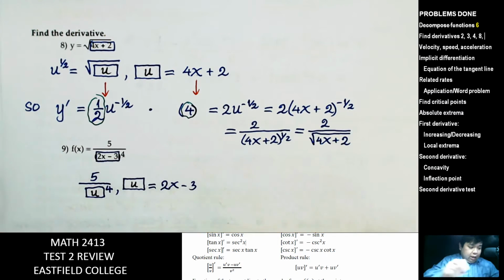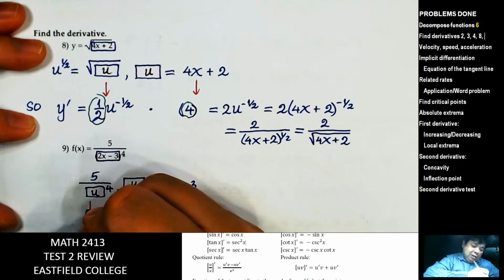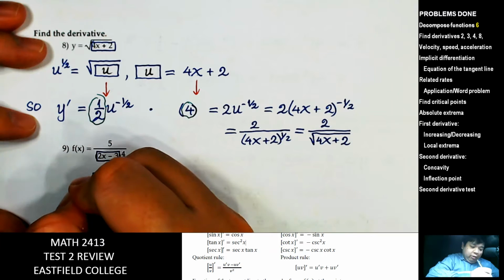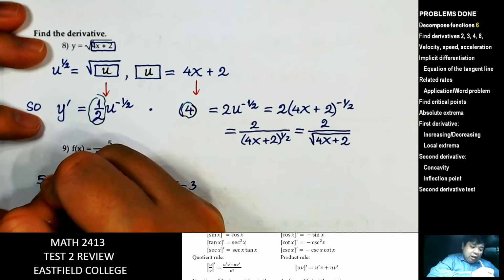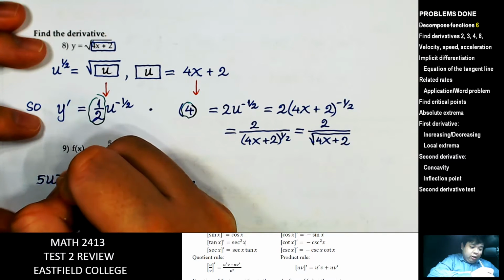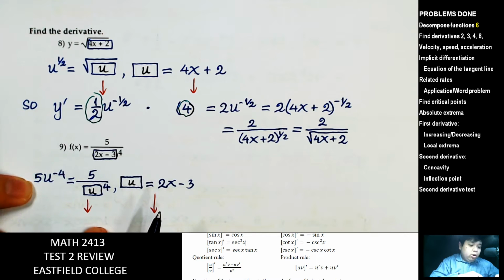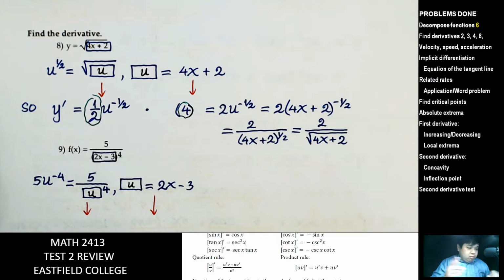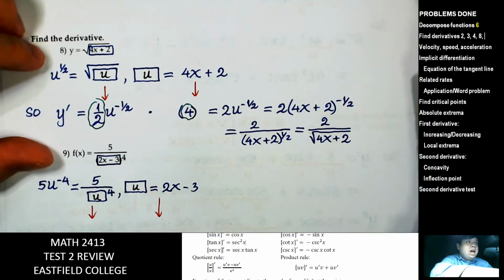So I'll take the derivative of each one. The derivative of this is 2, but the derivative of this, we need to rewrite as 5u to the negative 4. And when we write like that, the derivative is a lot easier to do. So take the derivative of this, and multiply them. That is the chain rule. Right, I'll let you do that. So it's 9. Of course, you will complete that problem.